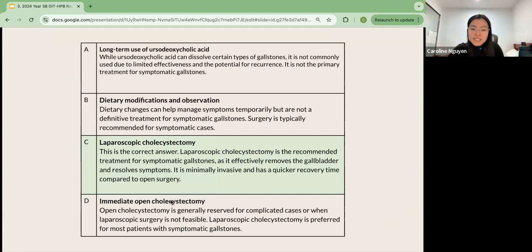Open cholecystectomy is an open surgery, so we don't really do that unless this is not feasible. Lap chole is always ideal. And even if someone had an attack of cholecystitis and then they get better, we still want to do a lap chole anyway because it's going to come back.